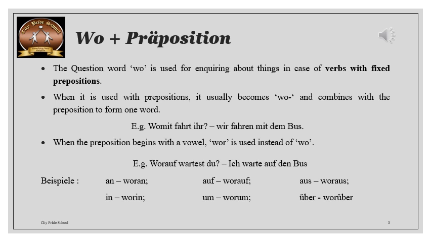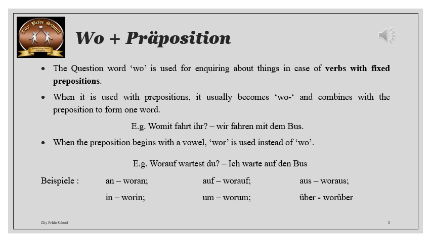For example, ich warte: I am waiting for something or someone. Both are possible. I am waiting for the bus, that is the object, but I am waiting for my friend, that is the person. So whenever you want to make a question for things, you will use wo.